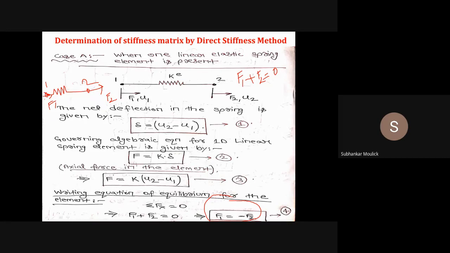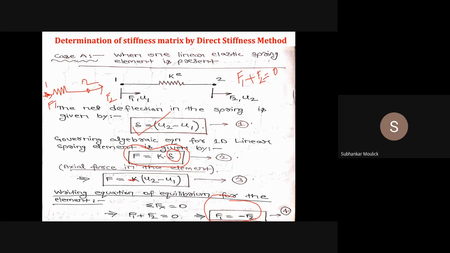Now, I have the governing equation as F is equal to K into delta. Delta we have already found out for this element. Delta is what? U2 minus U1. If F2 is greater than F1, then delta will be U2 minus U1. If F1 is greater than F2, then you have to put a minus sign.